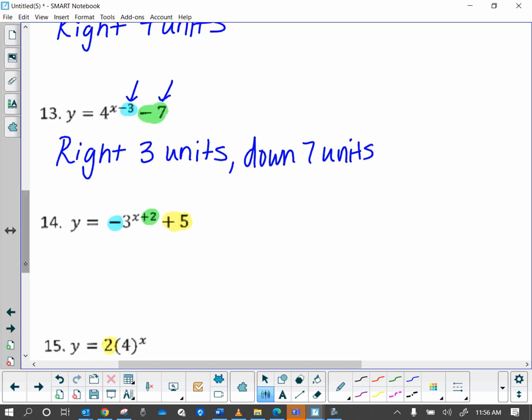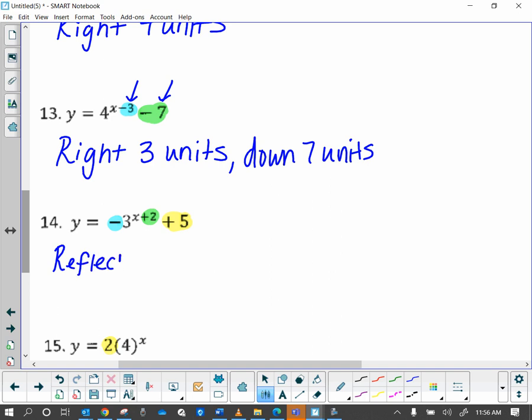Number 14. Got 3 different transformations. Oh, and plus 2 was you left? But what does the negative do? What does that do? Yeah. No, it starts with an R. Reflect. Left. There.